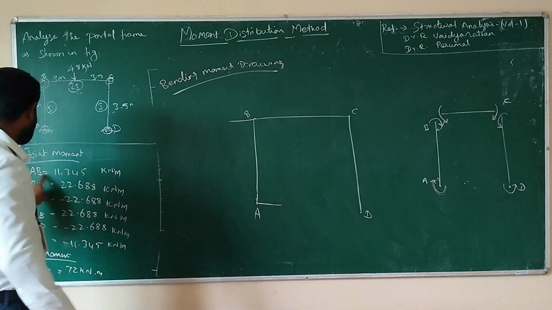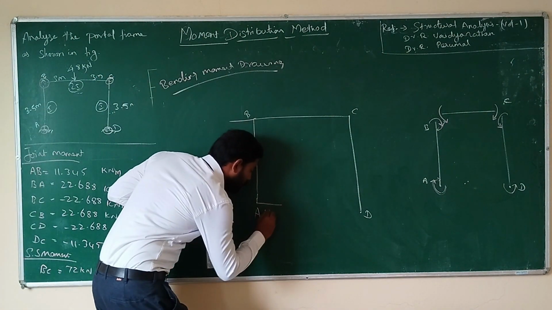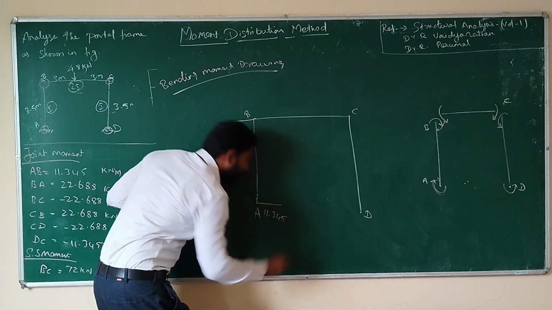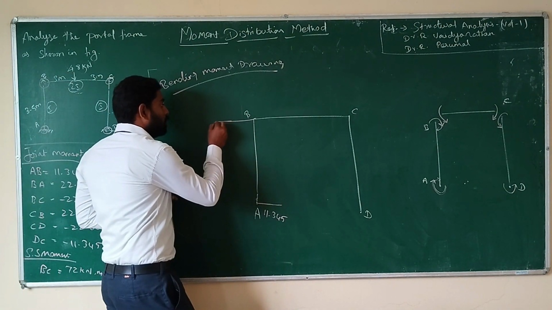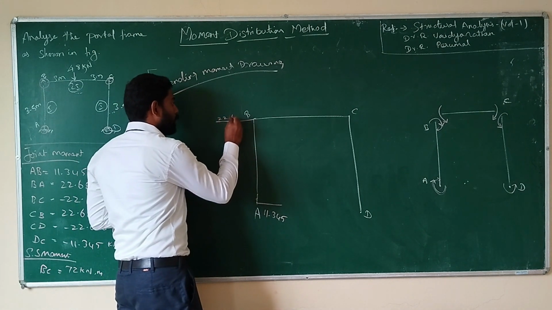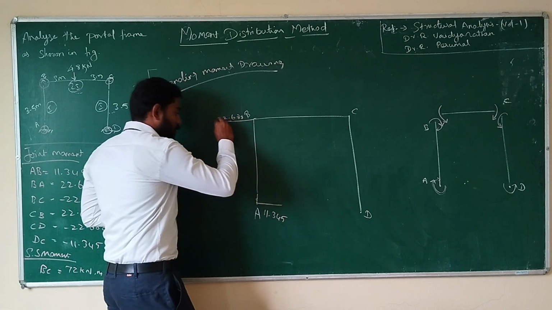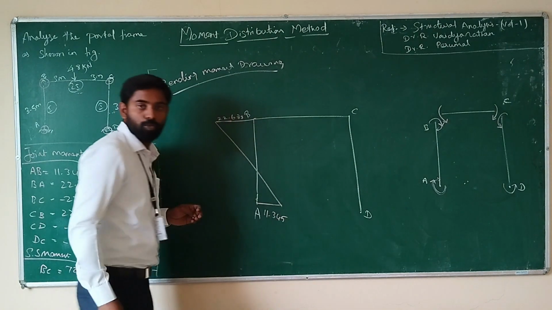The value for AB is 11.345, and for BA it is 22.688. I am extending it to 22.688, and then joining these two.